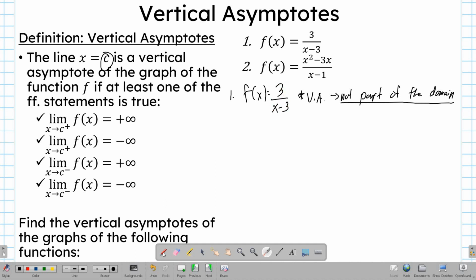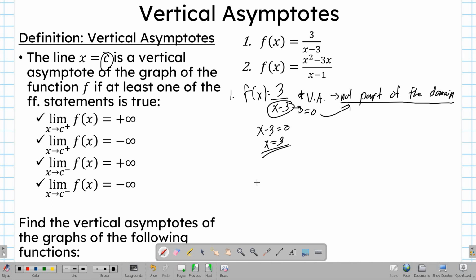Since this is rational, those that would make the denominator equal to 0 would not be part of the domain. So therefore, we can easily solve that. x - 3 = 0, x is equal to 3. So 3 is not part of the domain.